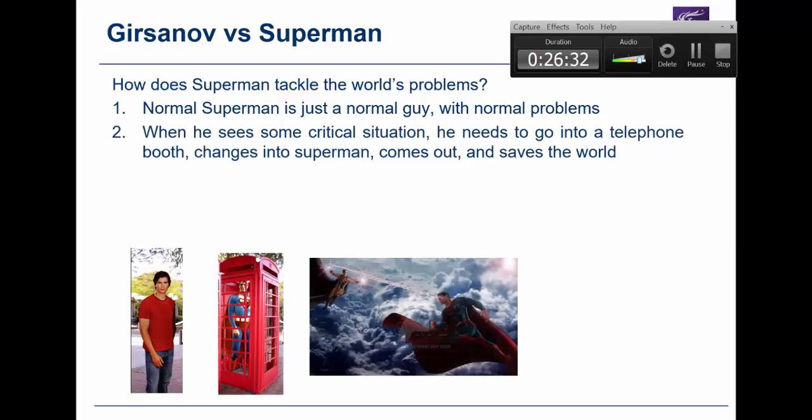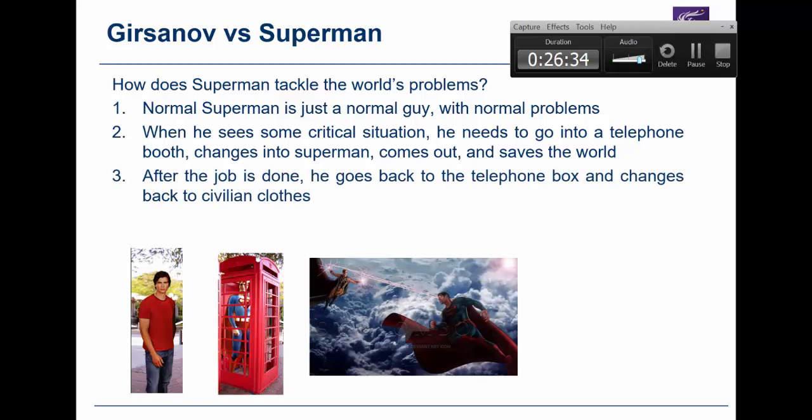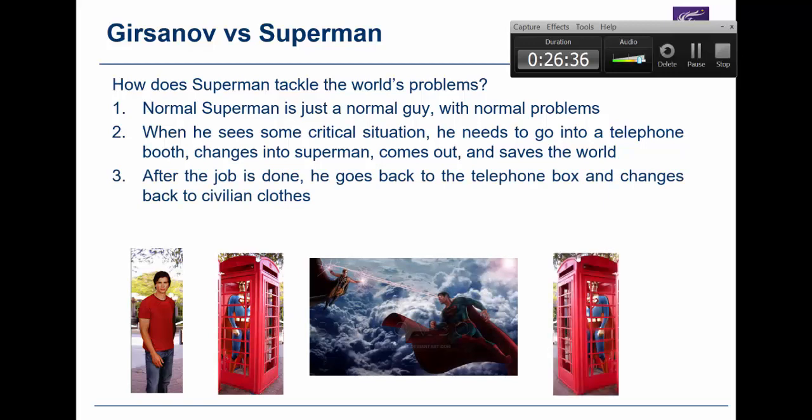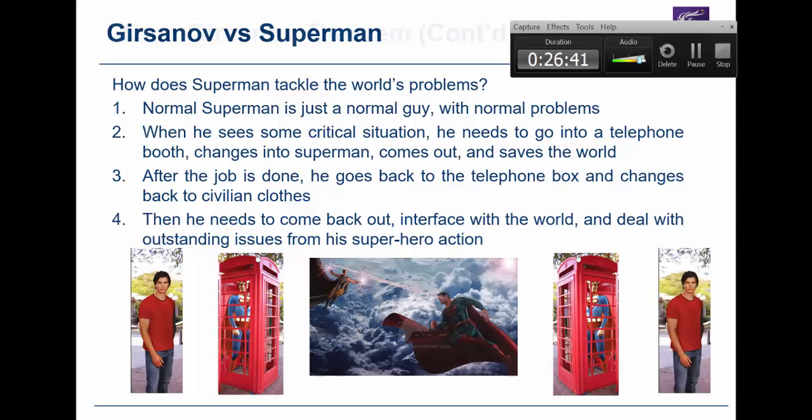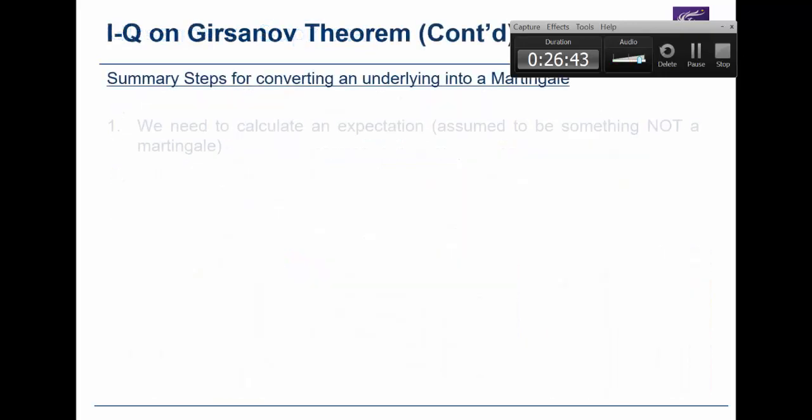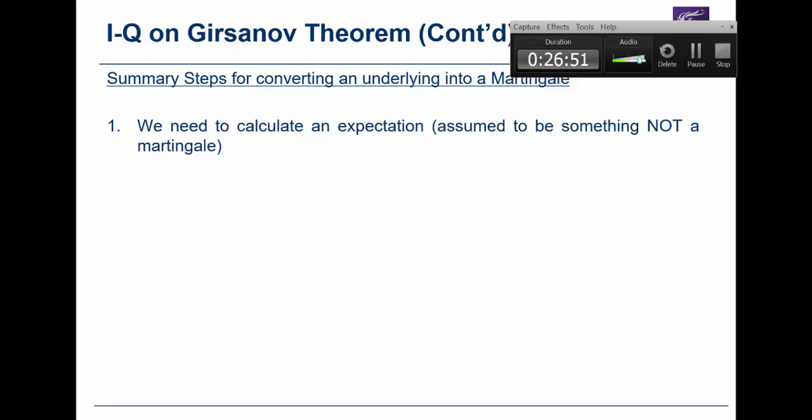He would deal with the problems, and then he turns back into the normal guy, and then he's out there. Now, isn't that what Girsanov is doing? So you have an expectation, that's the problem to start with, which is non-zero. So you have to deal with that. You assume it is not a martingale.